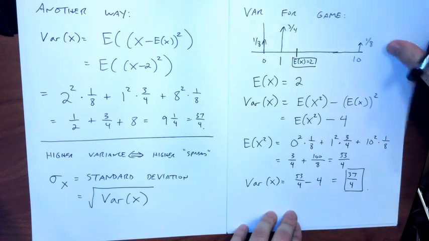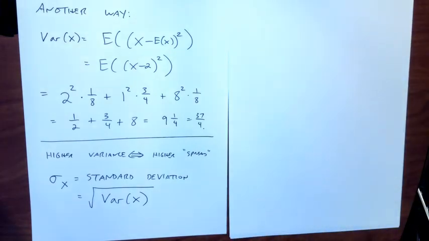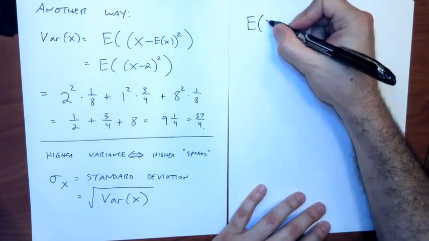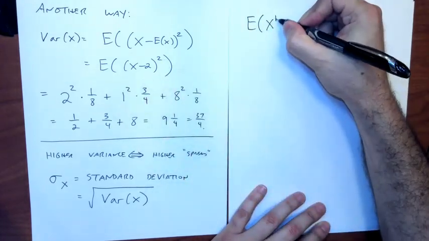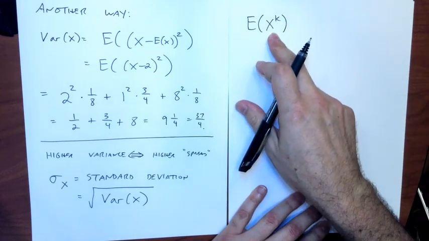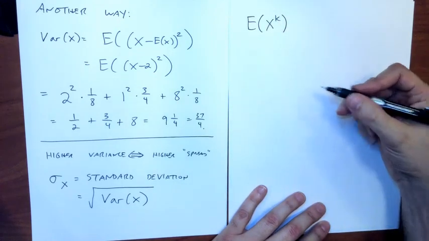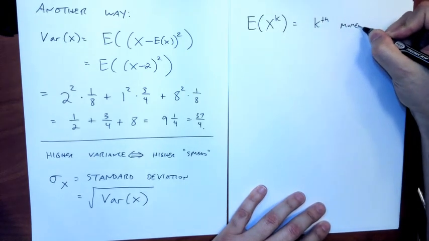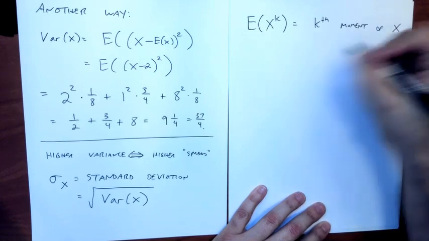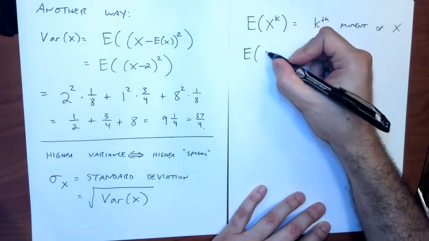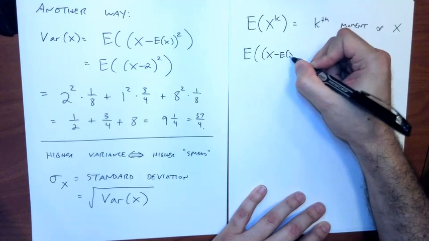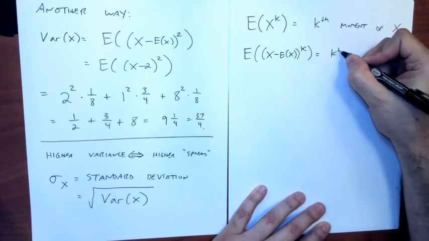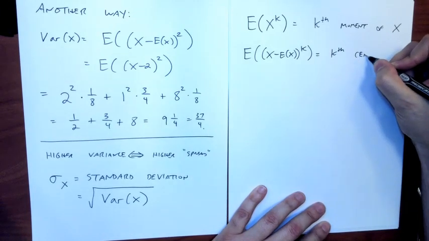Another thing that you may see, just to complete my thought: to compute the variance, we needed to have the expected value of x squared. This general quantity, E of X to the k, is what's called the kth moment of X. And if I subtract off the mean before I do the expected value, this is called the kth central moment.